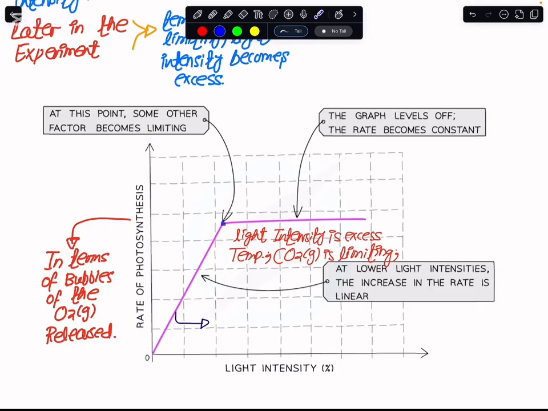So here the light intensity would become excess, and the temperature and the carbon dioxide concentration would now become limiting.